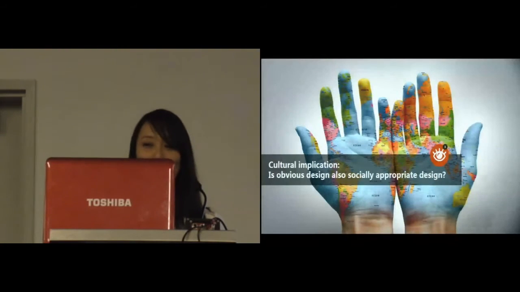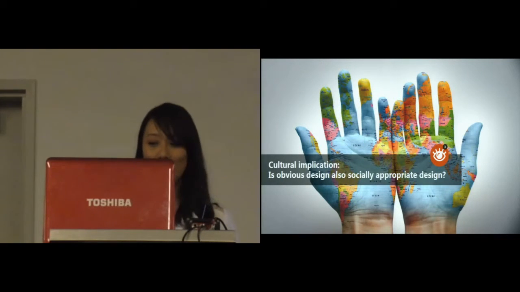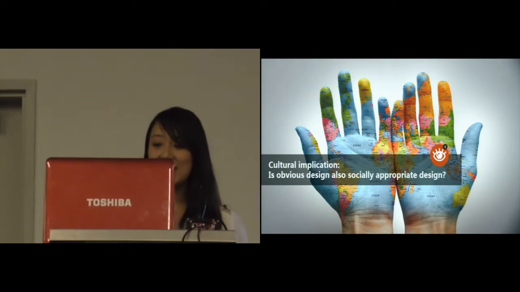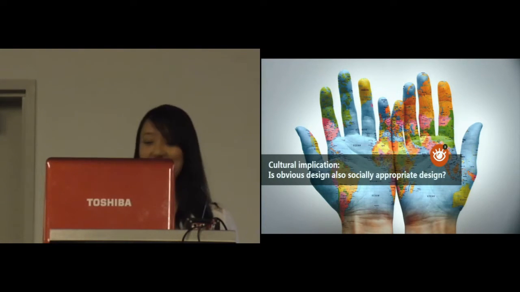Half of our participants were from North America, and the other half were from Asia and the Middle East. Previous researchers argue that designs that enhance mutual awareness between the user and the onlooker can exploit social protocols to regulate both parties' behaviors.